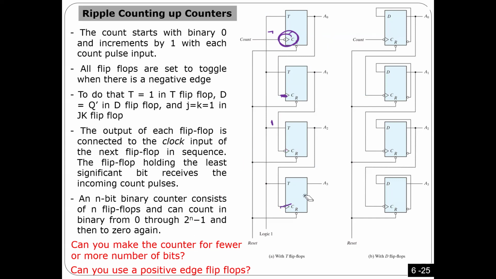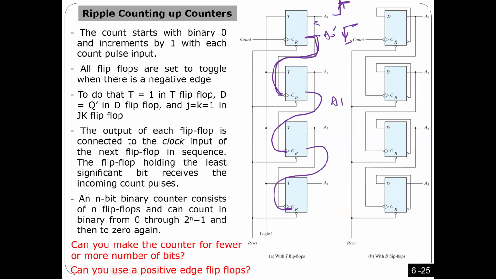So if I want to use the same flip-flop, what happens here is that instead of taking this one from A node, I'm gonna take it from A node prime, because if it is rising here, it's gonna be falling here. That's it. So here I'm gonna connect this one from A1 prime, this one from A2 prime.